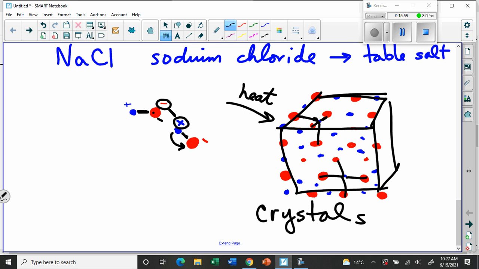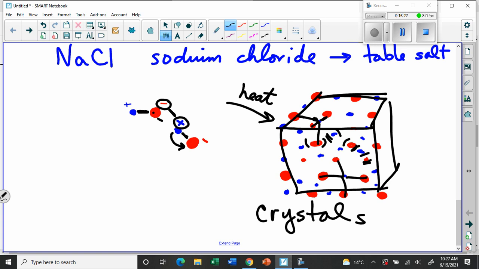And the more they move, the more heat they have. So if you warm something up, it starts to vibrate and jiggle more vigorously. And if you jiggle these things a lot, some of the jiggling will cause some of the attractive bonds to start to break. And the crystal will slowly break down into smaller bits. And that's called melting. So melting is when the crystal breaks down into smaller bits.